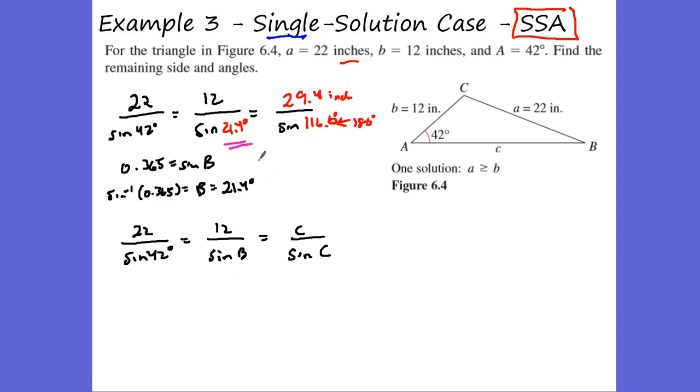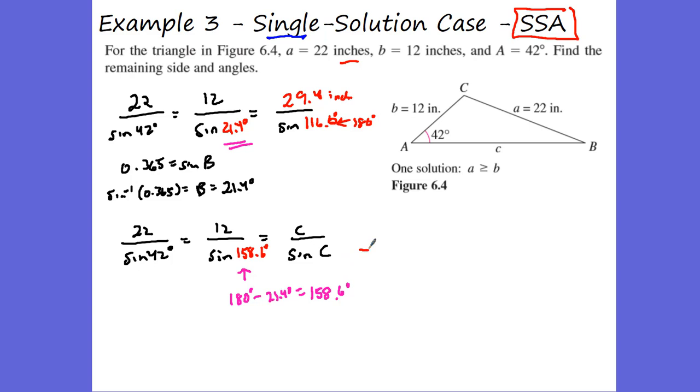If there are two triangles, then the second triangle will have the supplementary angle to this first angle you found. So you take 180 degrees minus 21.4 degrees, and I get 158.6 degrees. So the second triangle has the possibility of 158.6 degrees.